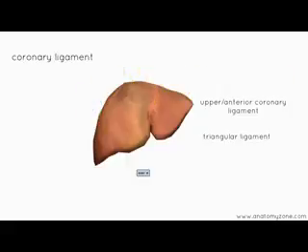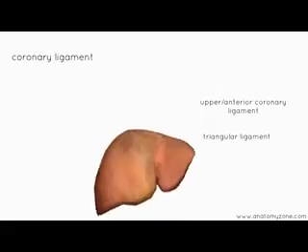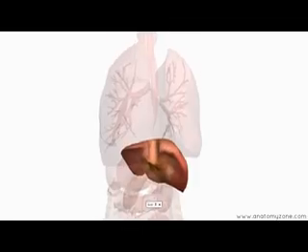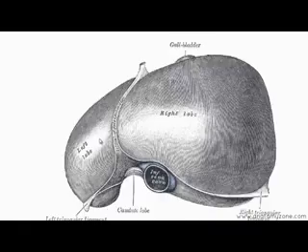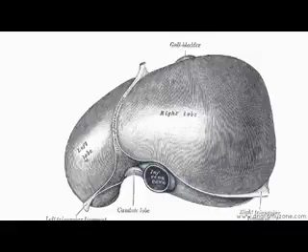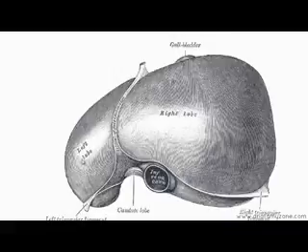So what I'm going to do is show you a diagram to make this a bit clearer than my silly scribblings. If we rotate the liver round, we're going to take a look at the superior surface of the liver. So imagine looking at this view. We're looking at the same view I just showed you in the 3D model. We're looking superiorly at the liver. We've got the right lobe here, left lobe on this side.